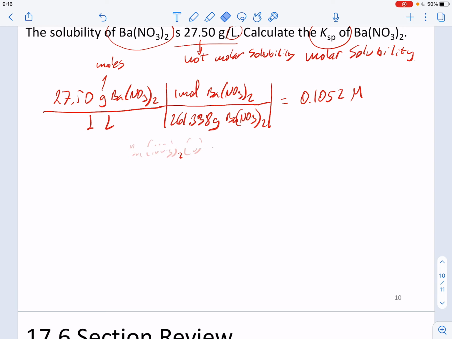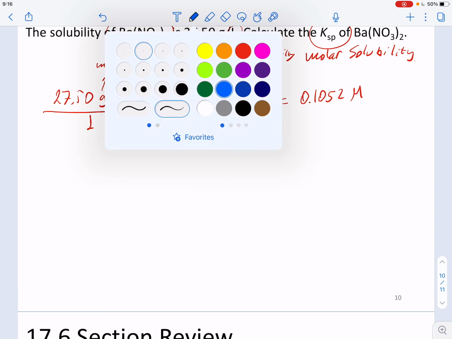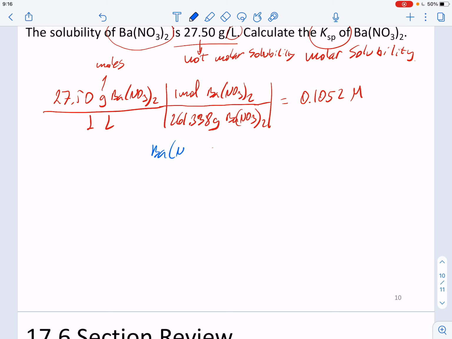Let's change colors here. You always start with a solid, and the dissolution of that solid is now an equilibrium. So Ba(NO3)2 solid in equilibrium with barium 2+ and 2 nitrates, and we add the states, aqueous and aqueous.